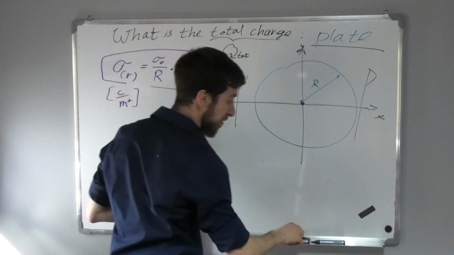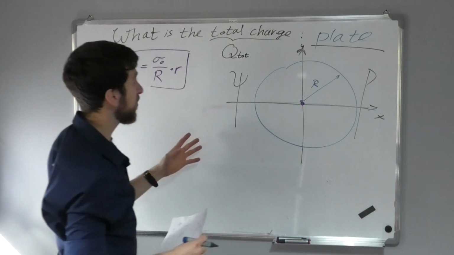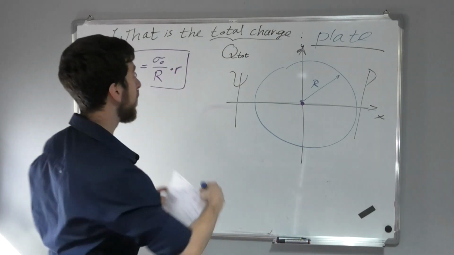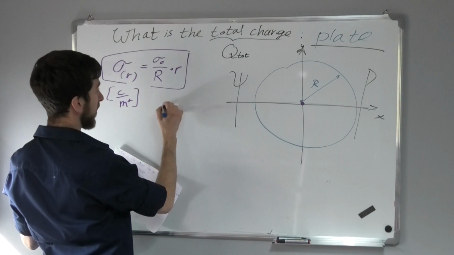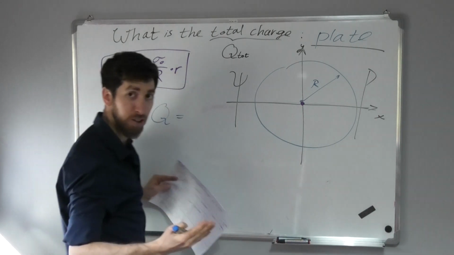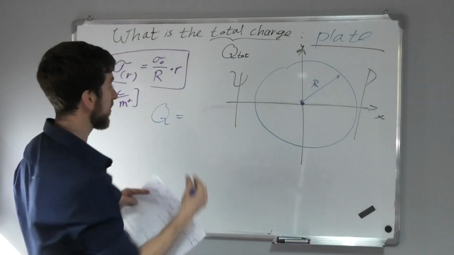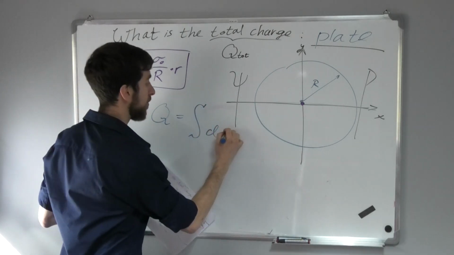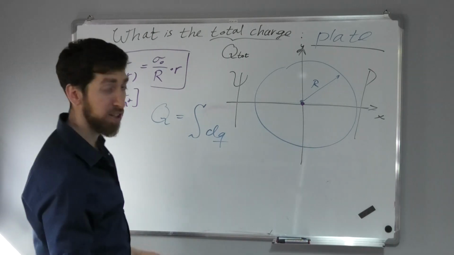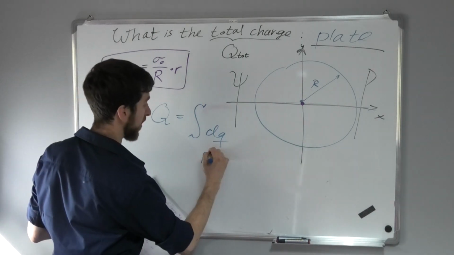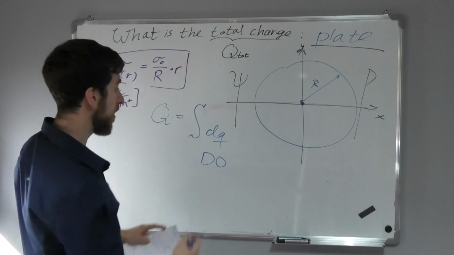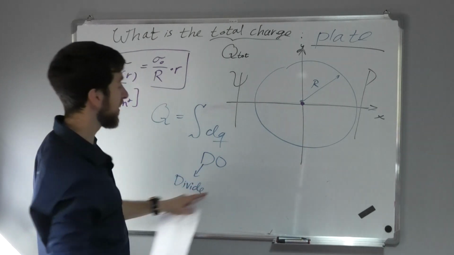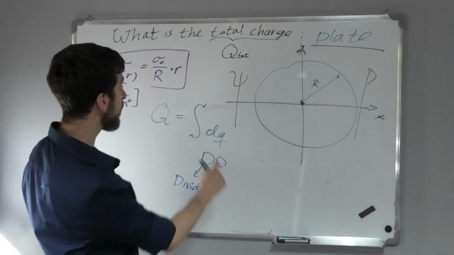If you remember from the previous questions, we want to find the total charge. How are we going to do it? We know that the total charge Q is equal to the sum of its parts, the integral of dq. Remember the abbreviation I told you: first of all, we need to divide this plate into small chunks.